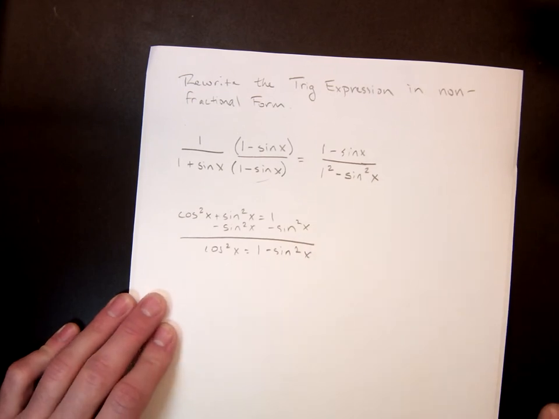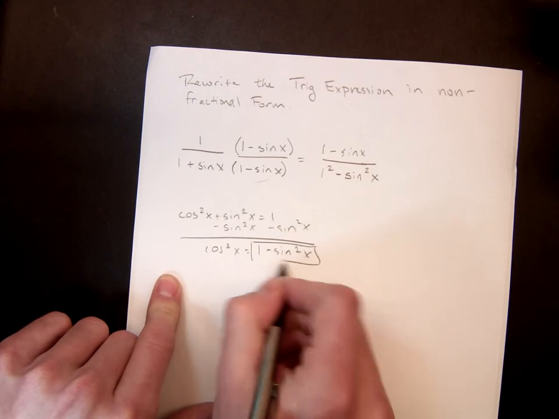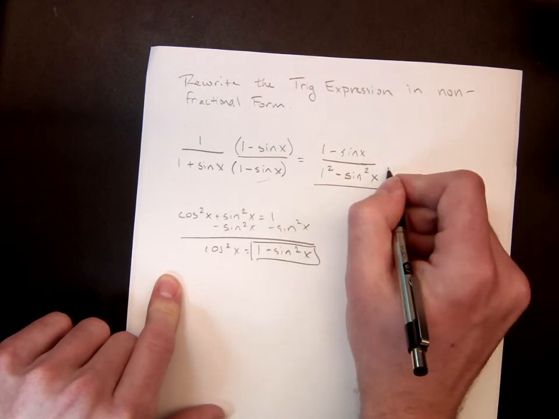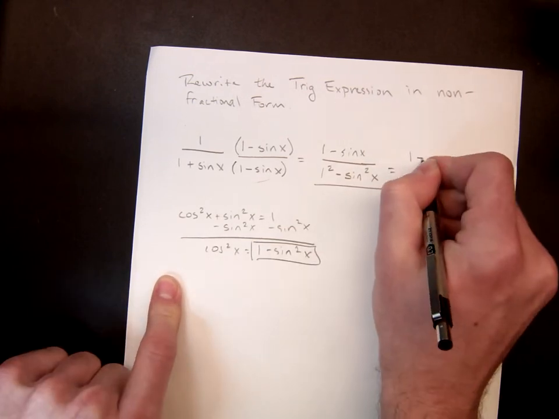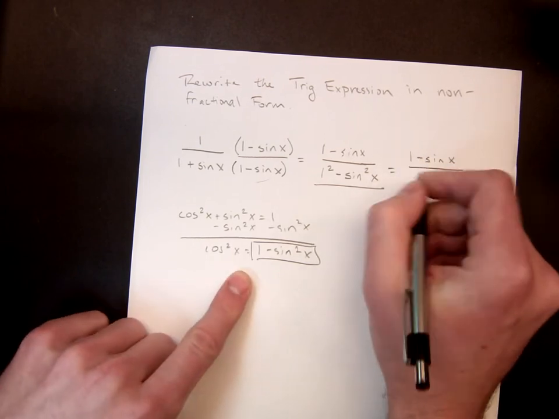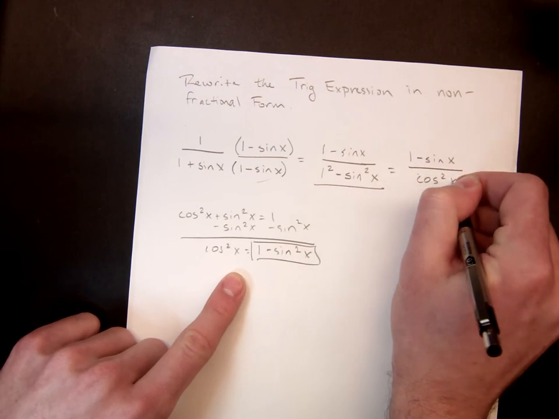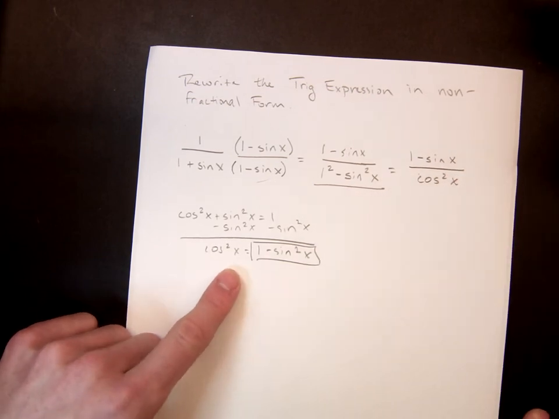So cosine squared is equal to what we have here, so I can replace it, and then I get 1 minus sine x over cosine squared.